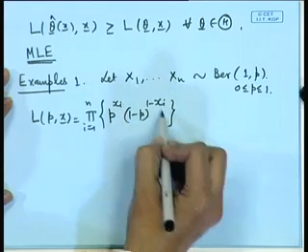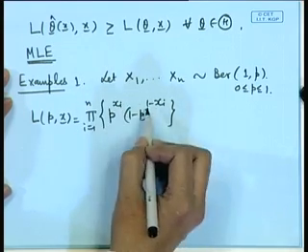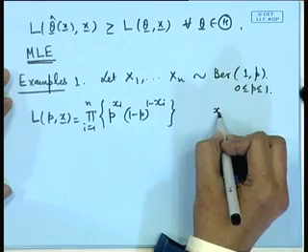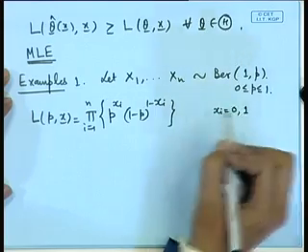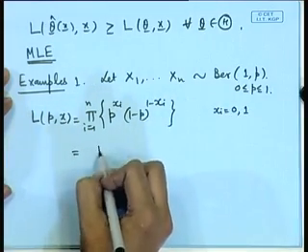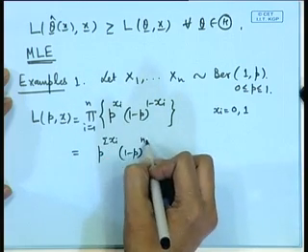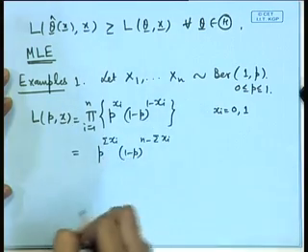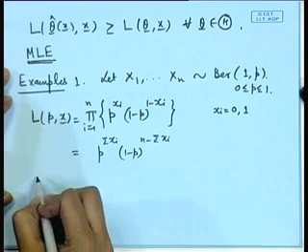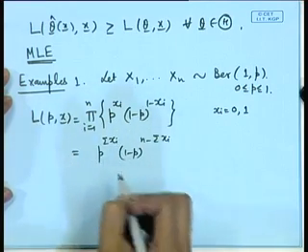If you look at the inside quantity, this is the probability mass function of Xi. Here each of the xi's can take value 0 or 1. So, this can be simplified as p to the power sigma xi, 1 minus p to the power n minus sigma xi. So, we have to differentiate this with respect to p and solve it.